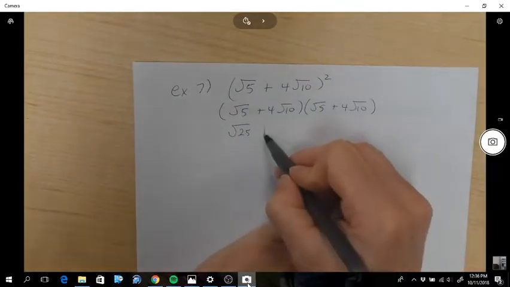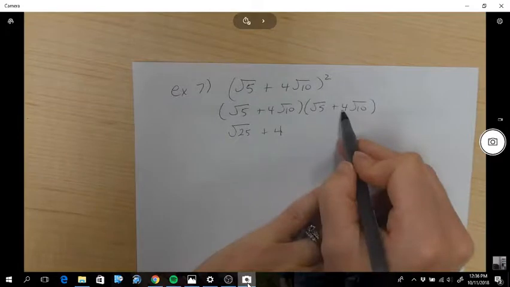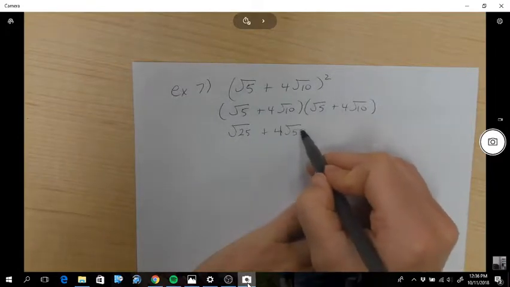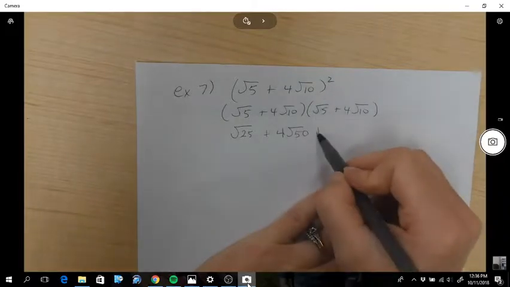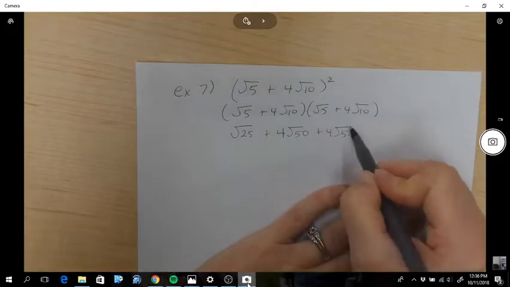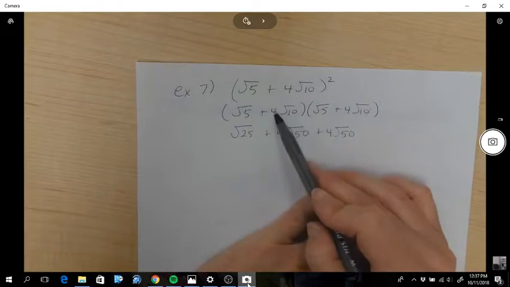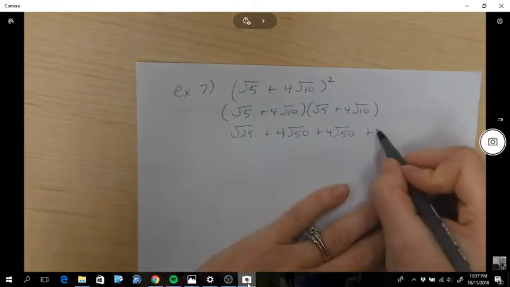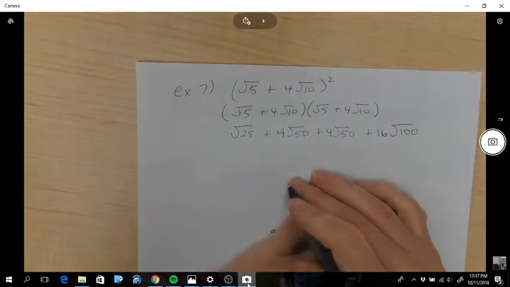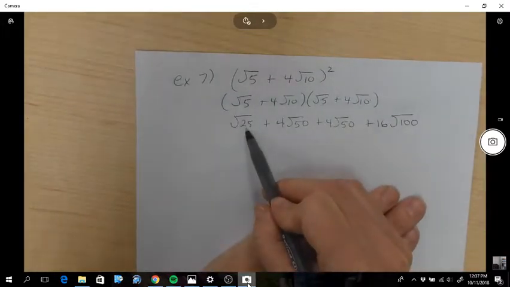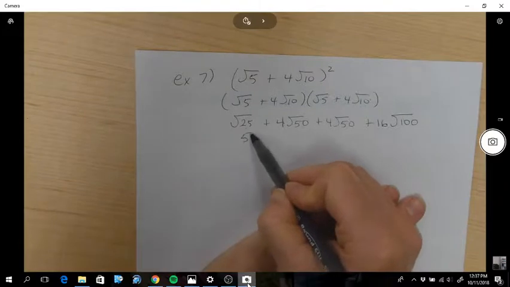Outsides is 4 root 50. Insides 4 root 50. And the last would be 16 out front and the square root of 100. Okay, so root 25 can break down just to be a 5.